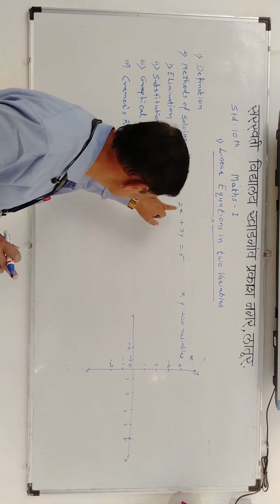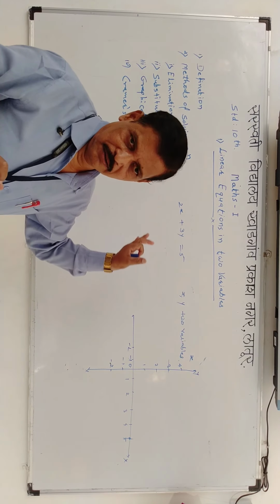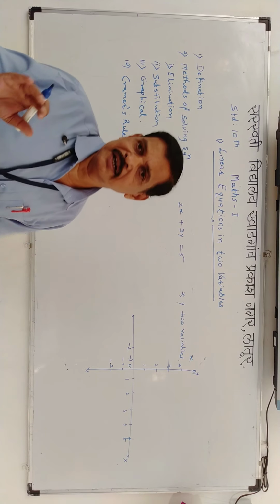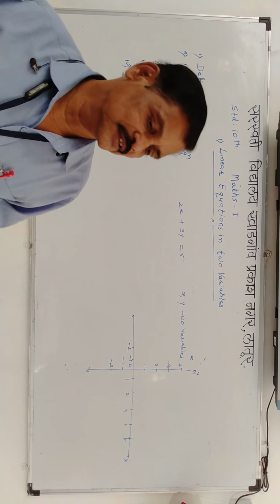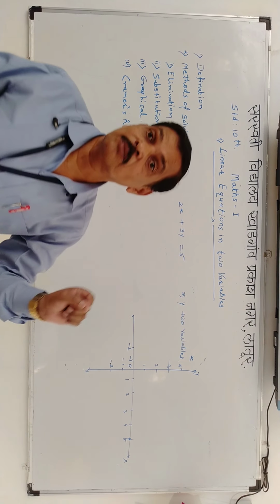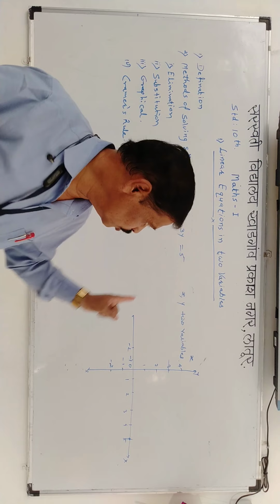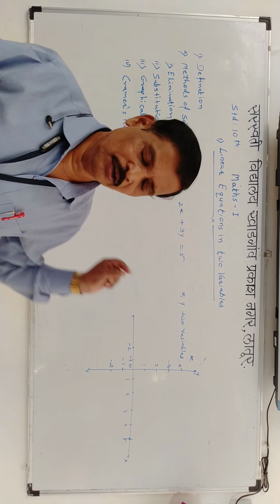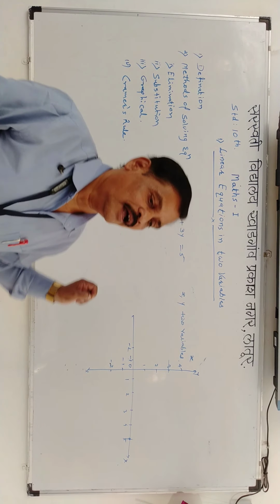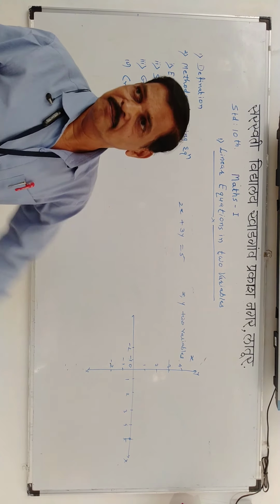Therefore, with two variables, when we plot the points, there are infinite numbers of points. It means there are infinite numbers of solutions for this equation. When we plot the points, we get a line.